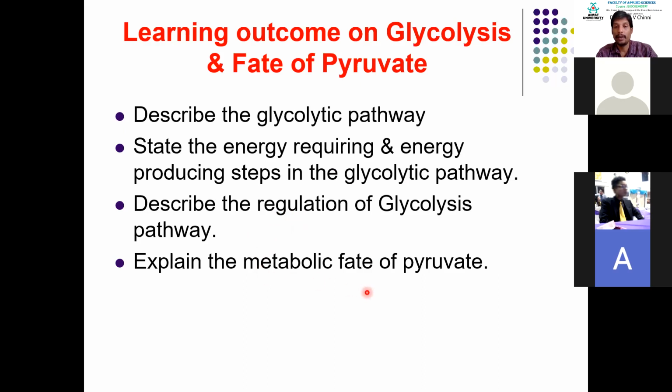And the metabolic fate of pyruvate is three ways. One is in aerobic condition, it will go to acetyl coenzyme A. In anaerobic condition, lactate. In some organisms like microbes, it will be converted in an anaerobic way into ethanol, that is called fermentation. And pyruvate will be converted into acetyl coenzyme A in the aerobic condition, catalyzed by pyruvate dehydrogenase.